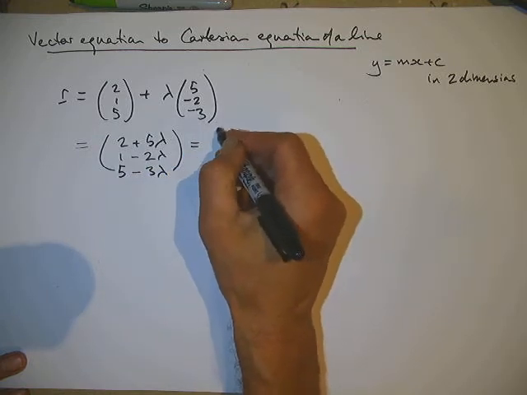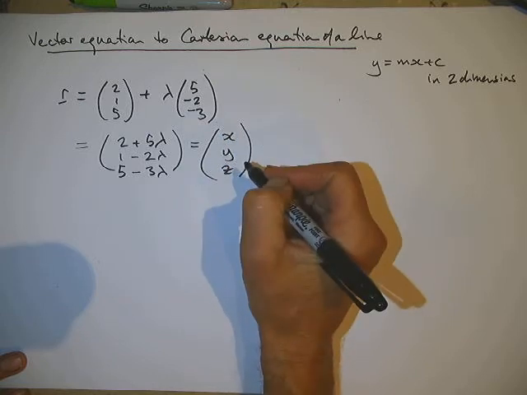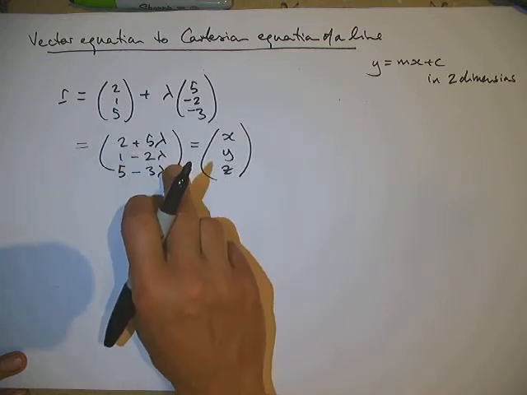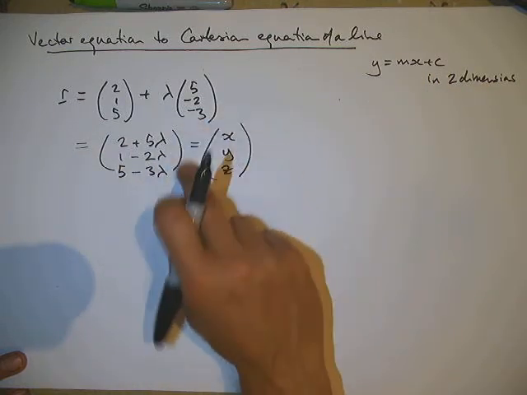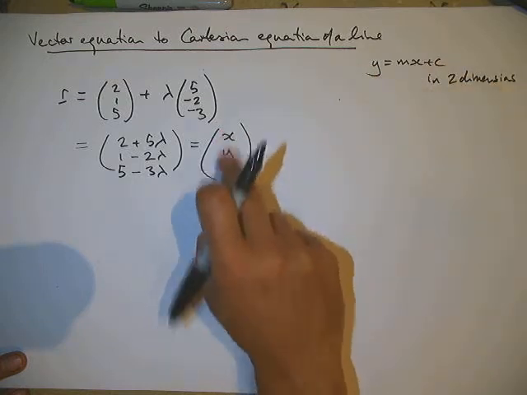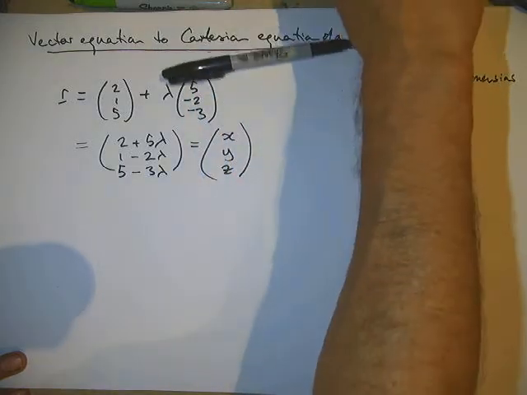Or I could consider that to be the x, y and z coordinates of the points on the line, in the same way we had x and y here. This is the Cartesian form, if I can write something like that with the x, y and z relating to each other. So how do we go about it?